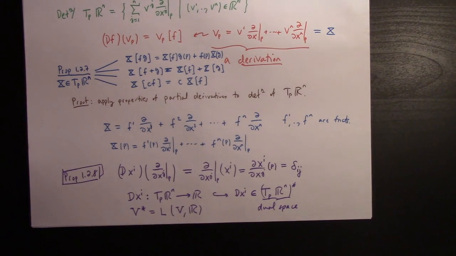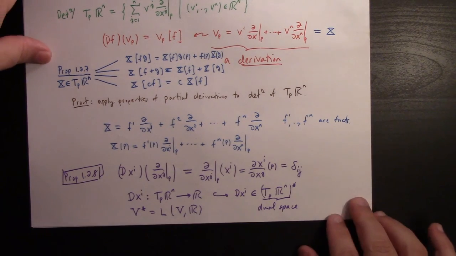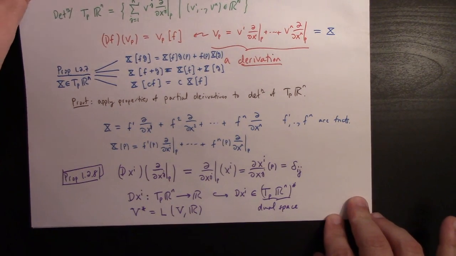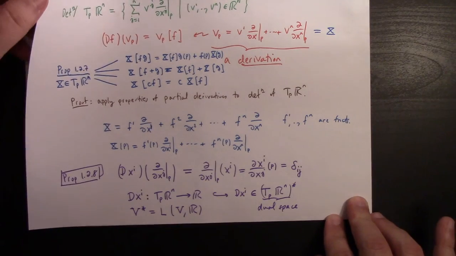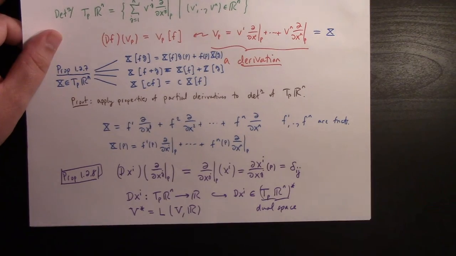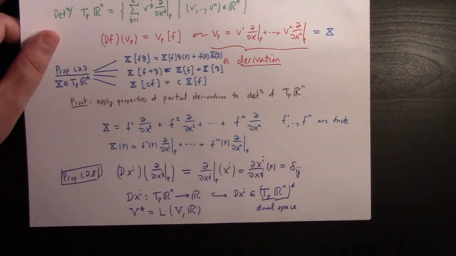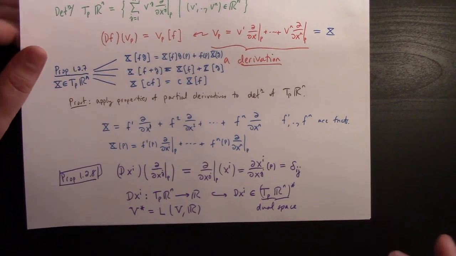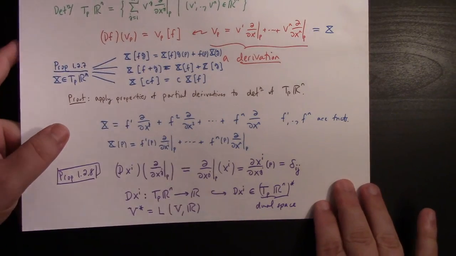So if you take a look back at things, you see that the standard basis is being represented by partial x1 and so forth here. Partial x2 would be like E2. And on the flip side, this dxi is the dual basis, like we would write E upper i in linear algebra.